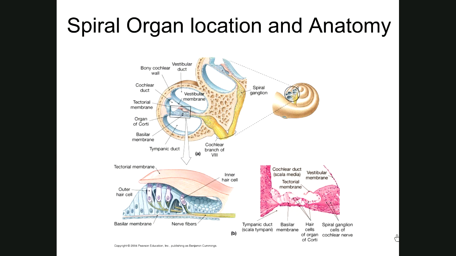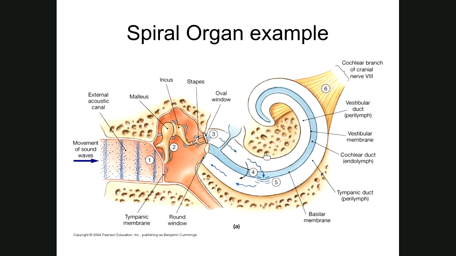So let's look at this picture again. Let's back up. The ear is capturing sound, channeling the sound into the external auditory canal, causing the tympanic membrane to vibrate, which is transferred to the malleus, to the incus, to the stapes. So the stapes is sending pressure waves into the perilymph of the scala vestibuli, or the vestibular duct.